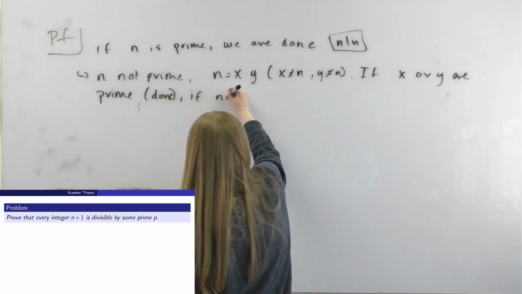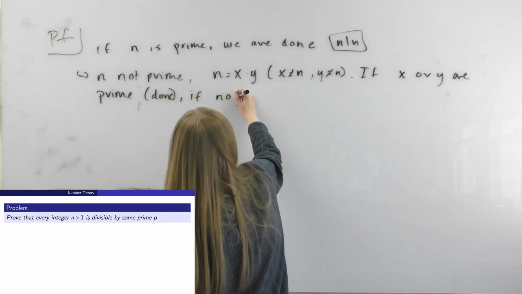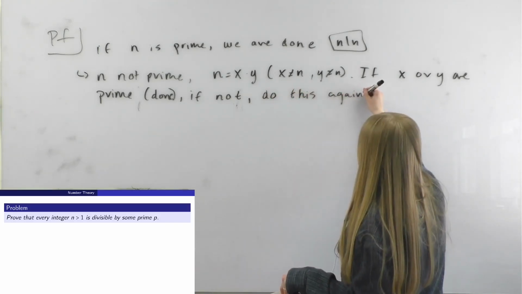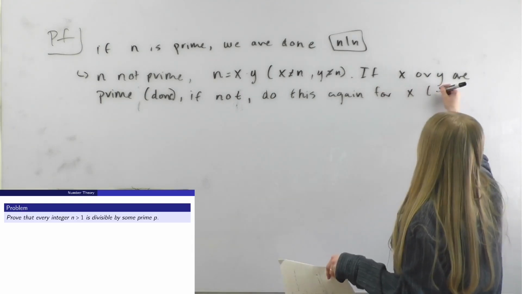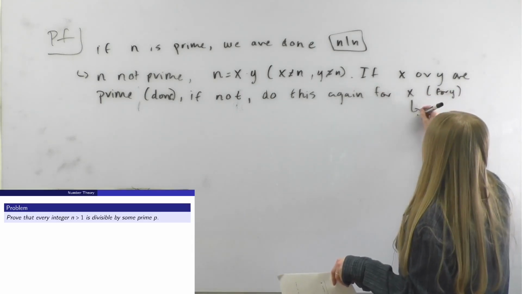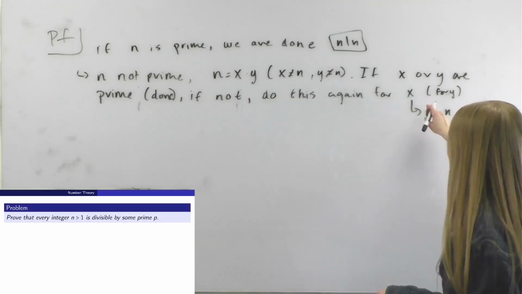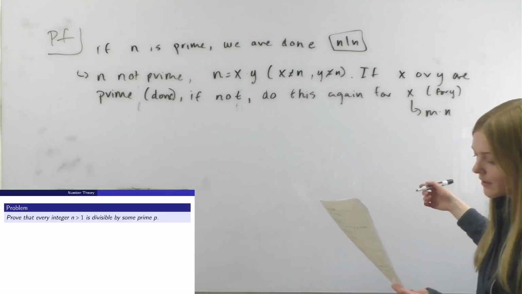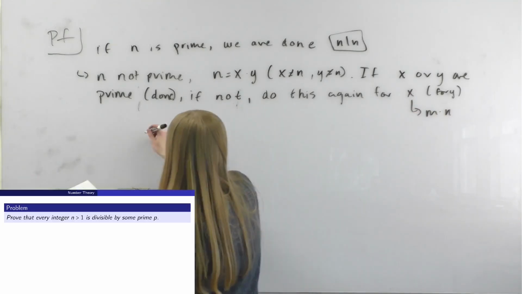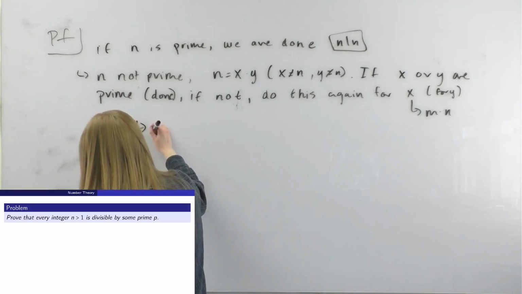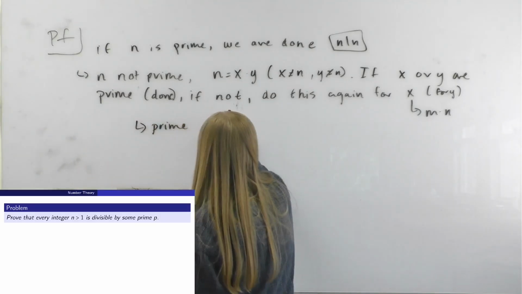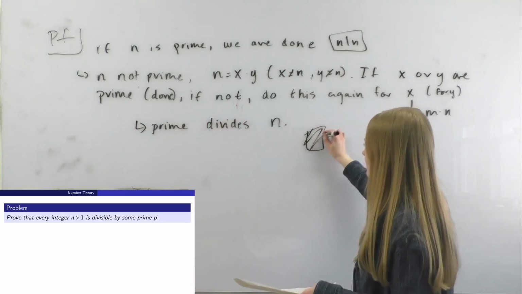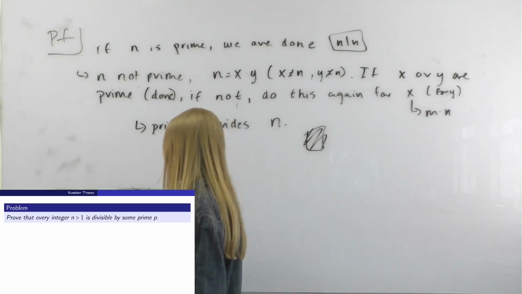If not, we'll do this again for x. You could also do it for y. Let x be the product of two integers that are not x. And just keep going until you hit a prime, right? And eventually, if you do that enough, you'll find a prime that divides n. Okay. QED.